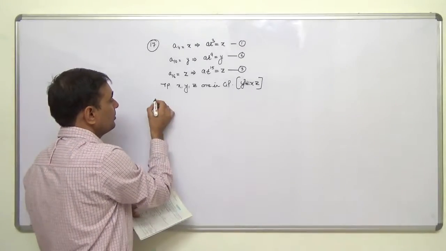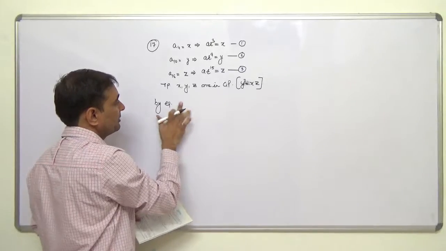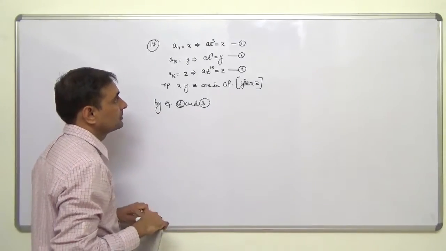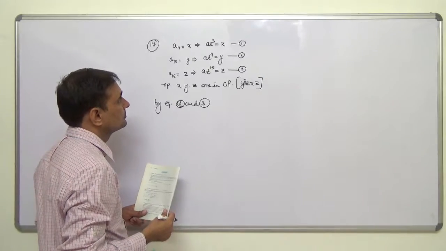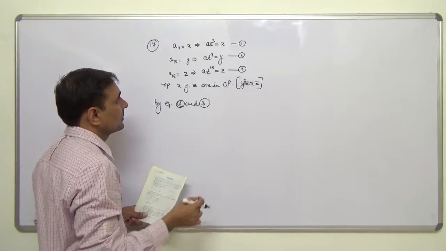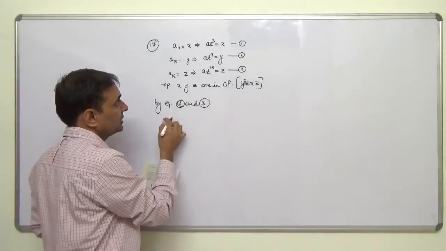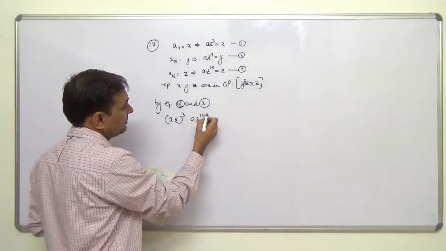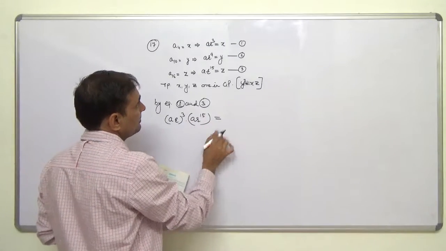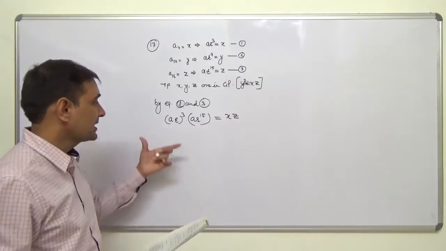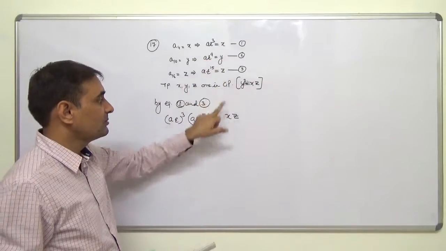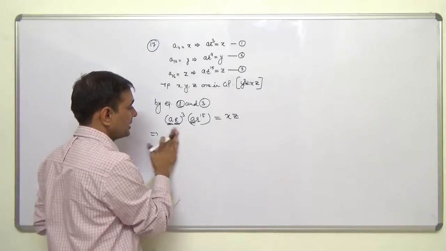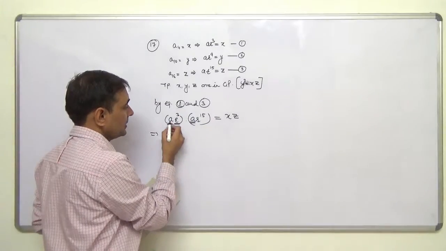Now by equation 1 and 3, x into z, मल्टीप्लाई अगर हम इन दोनों को करते हैं, then it is AR whole cube into AR to the power 15. हम इन दोनों को मल्टीप्लाई करते हैं, so it will be x into z. राइट साइड मल्टीप्लाई होके क्या होगी? दोनों की लेफ्ट साइड को हमने मल्टीप्लाई किया, राइट साइड भी मल्टीप्लाई होगी, right? a into a is a square.